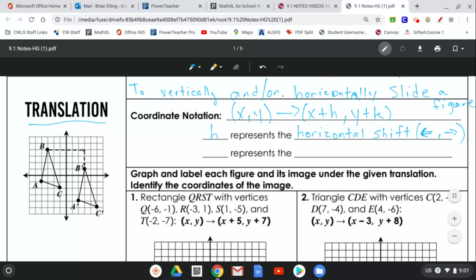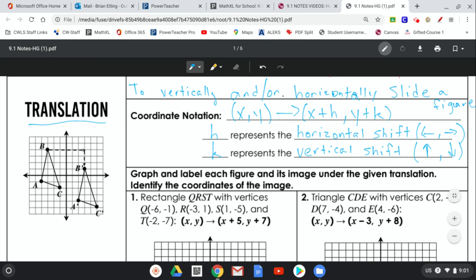Now, our k is the vertical shift. That is on the y-axis, and that means it's going to go up or it's going to go down.